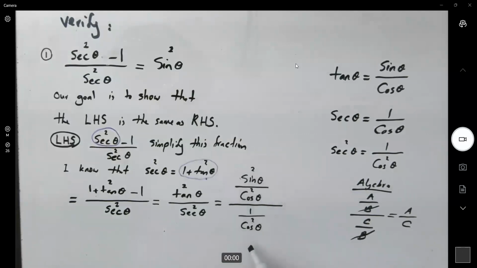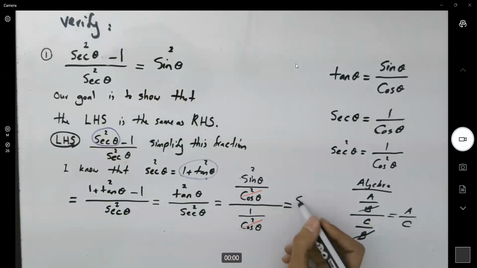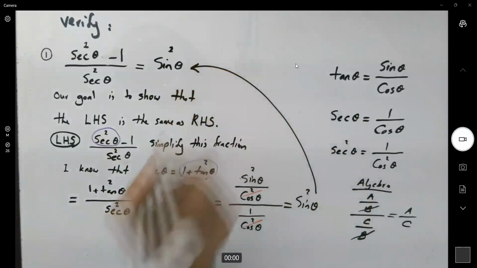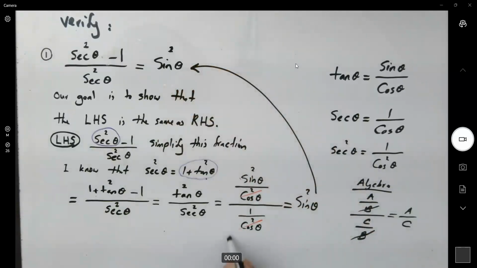On the denominator, you also have another fraction, which is 1 over cosine squared. So you can cancel out cosine squared and cosine squared. You're left with sine squared of theta, which is the same as your right-hand side. So we just proved this.